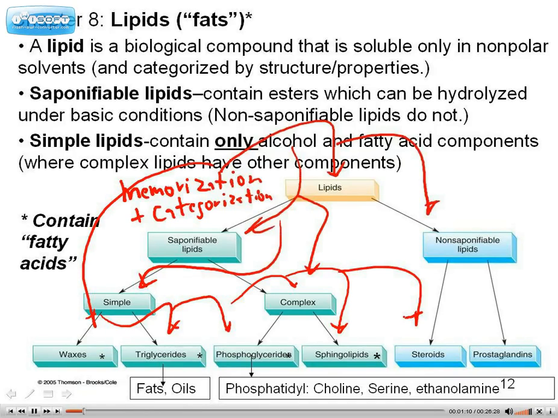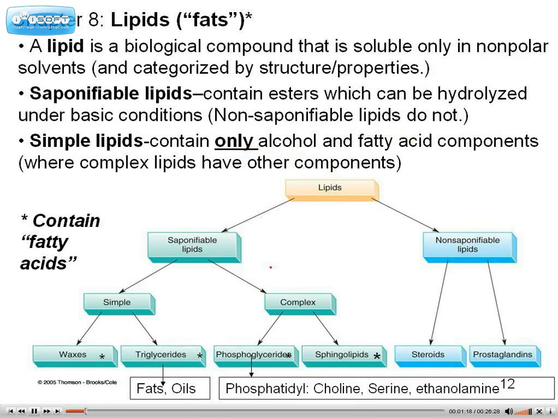In the next series of slides, I'm going to start with lipids. I go through saponifiable lipids, starting off with simple, and then explaining different types of saponifiable lipids: simple lipids, waxes, triglycerides.